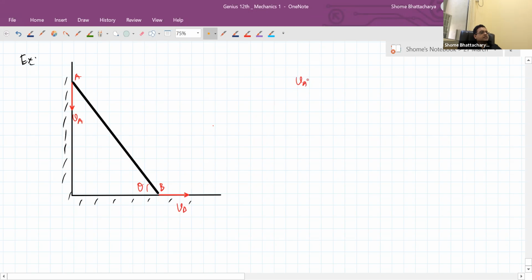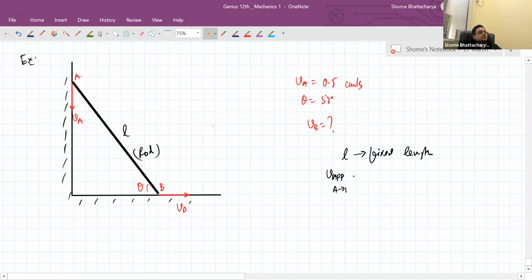So given VA is, let's say, 0.5 centimeters per second, and theta is, let's say, 53 degrees, find the value of VB. So again, what we can do here is that the distance between A and B is constant. L is a fixed length because it's a rigid rod. So approach velocity of A towards B should be 0.